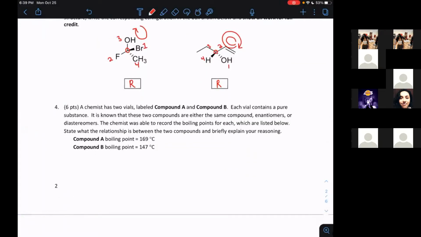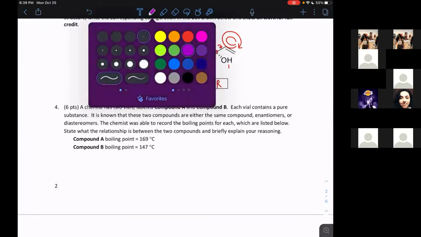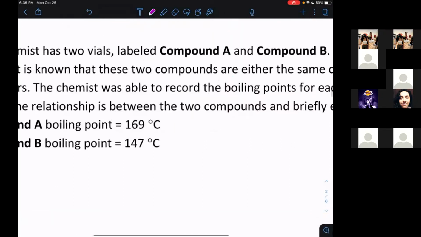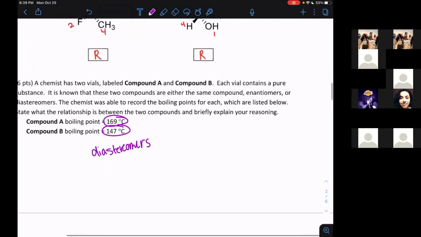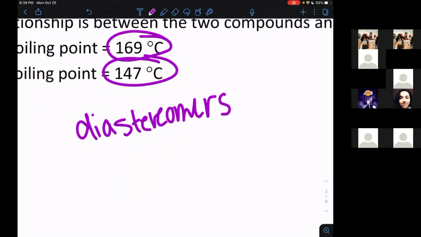And then this one is the same as that other one, compounds A and B. These are their boiling points. So what's the relationship? They have different boiling points, so they're diastereomers. And then briefly explain why: they have totally different physical properties.